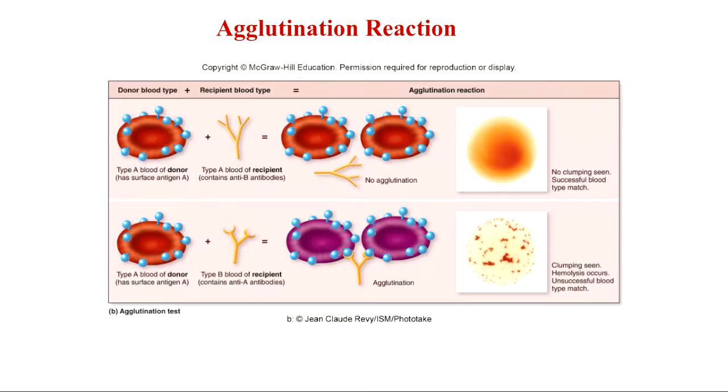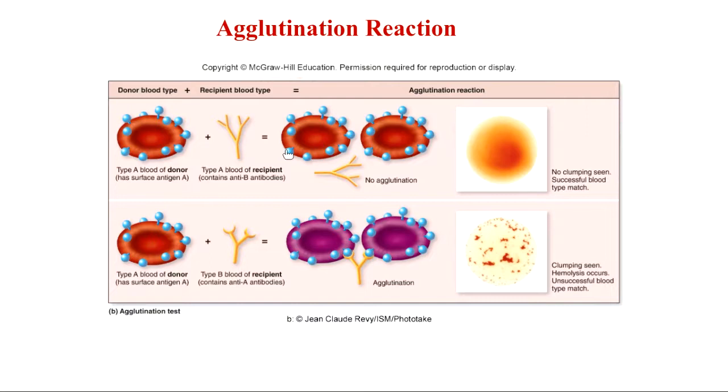In this picture, you can see the correct and incorrect blood transfusion. The blood type becomes clinically important when a patient needs a blood transfusion. When the blood type between donor and recipient is the same, we don't have any problem. Look at the first picture, the first row.